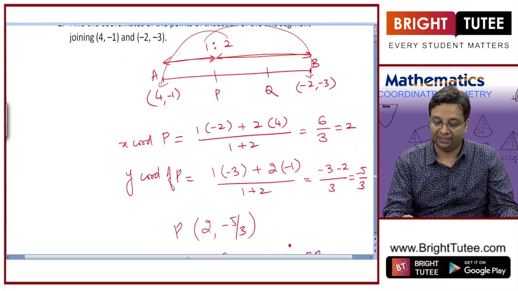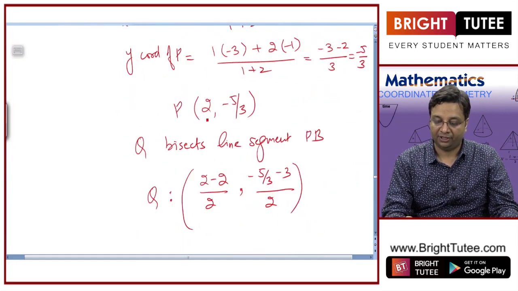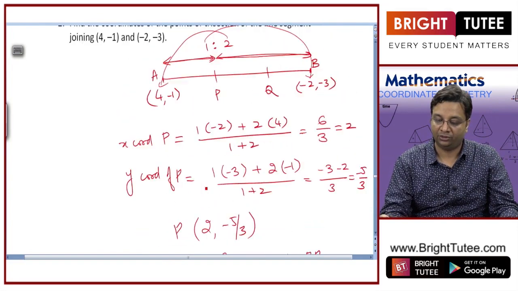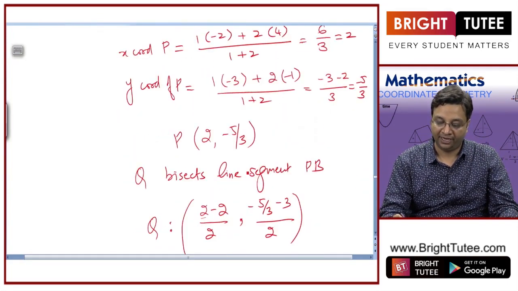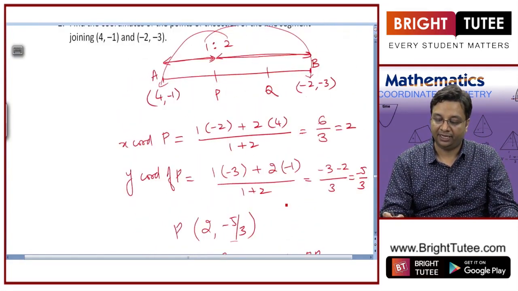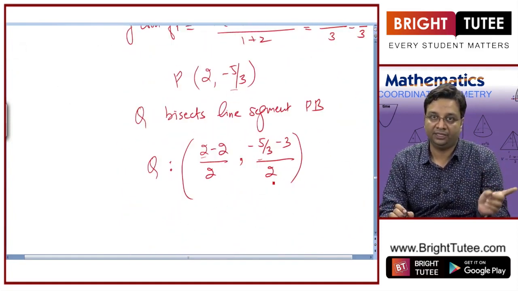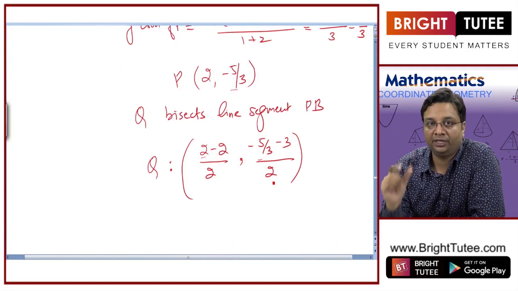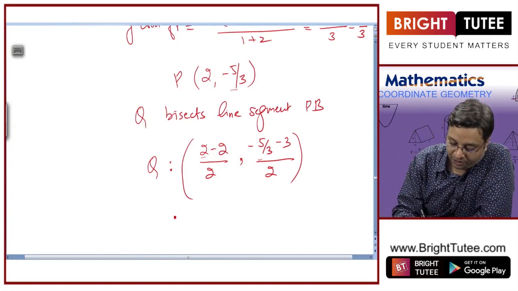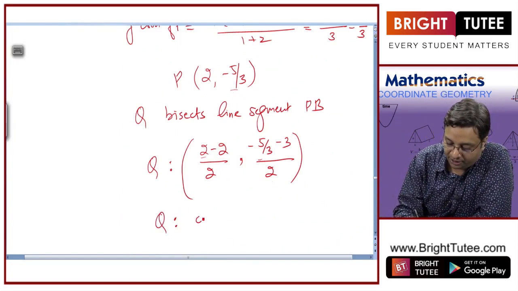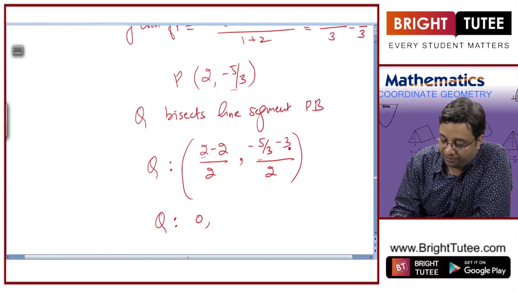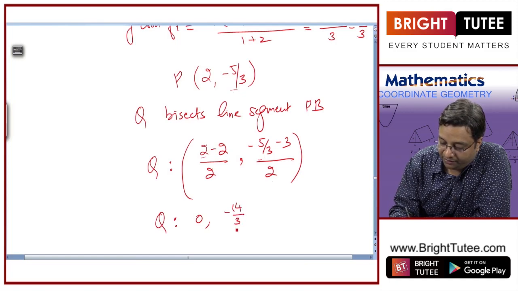I have just added these coordinates of P and coordinates of B. x1 2, x2 minus 2, right? y1 -5 by 3, y2 -3, and divided it by 2, right? We studied the coordinates of the midpoint in the introduction, right? So coordinates of Q are 0, comma, this will become -9 minus 14 by 3, -14 by 3 divided by 2.